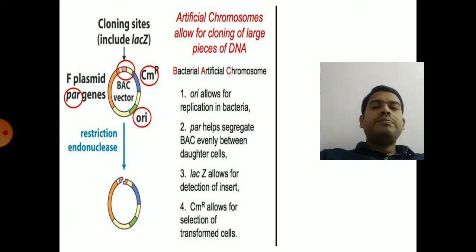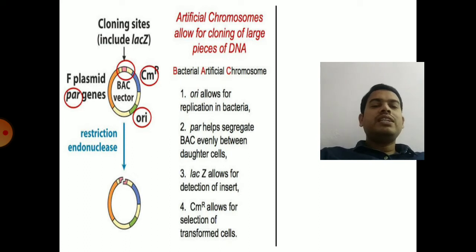So the next one is bacterial artificial chromosomes. You can clearly see the bacterial artificial chromosomes, which are called BAC vectors, where you can see the origin of replication allows it to replicate in bacteria. PAR genes play an important role in segregation of these vectors evenly between the daughter cells.